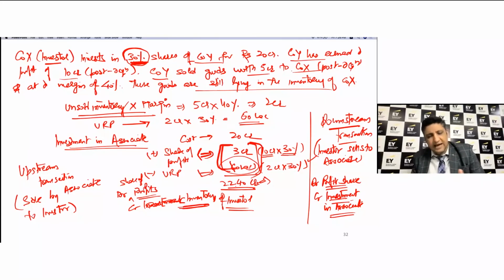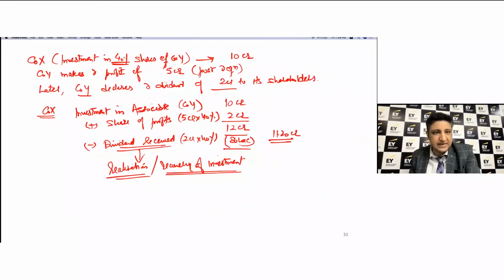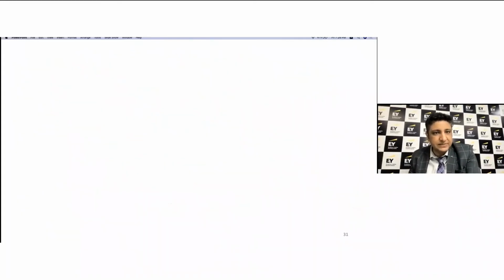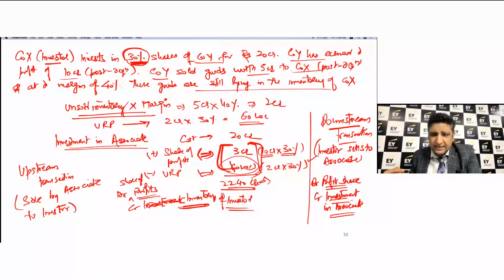Okay, we will have some questions to discuss these perspectives in more detail, but the whole idea of accounting, as we try to understand it with the help of these examples, is that it's not fundamentally or conceptually different from what we have done in case of consolidated financial statements.